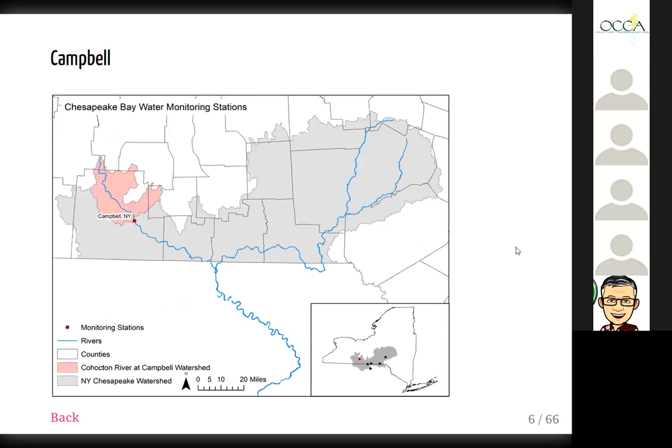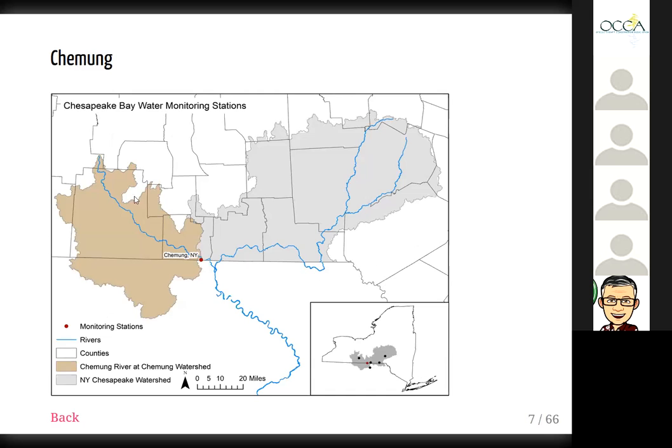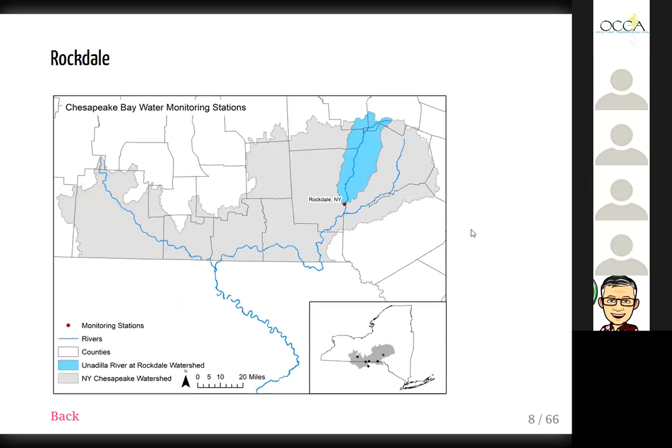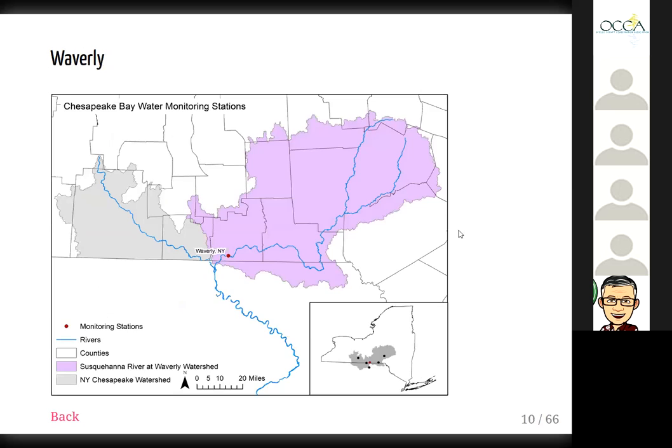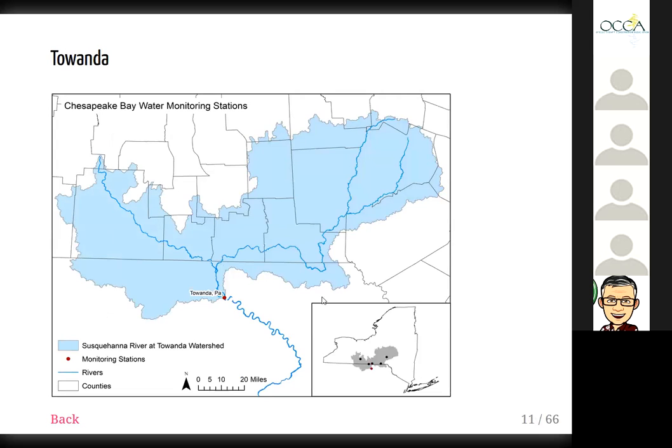So again, just to reiterate, Campbell is on the west side, and it's nested within Chemung, and Rockdale contains the smallest sub-watershed on the east side, nested within Conklin, which are both nested within Waverly. And Towanda is the one that encompasses all of them. So for most of our more general analyses, we've been using Towanda to try and get a gauge of what has been going on in the state of New York.